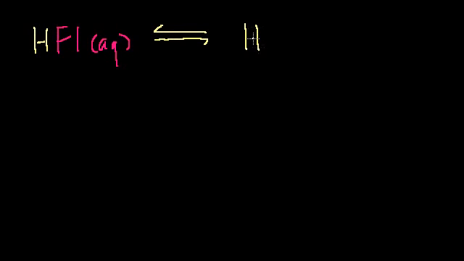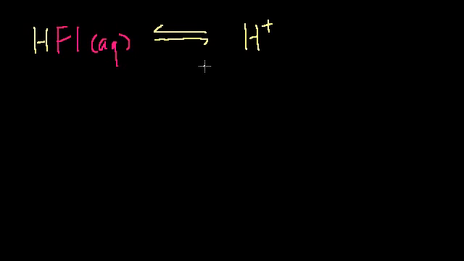So if we have hydrogen fluoride, or if it's in an aqueous solution, it's hydrofluoric acid. We know that this is a weak acid. It doesn't dissociate completely, so it's in some type of equilibrium. That doesn't mean the concentrations are equal. This hydrogen dissociates.